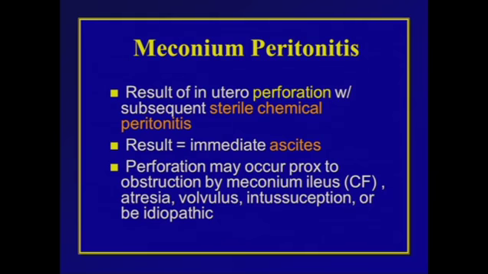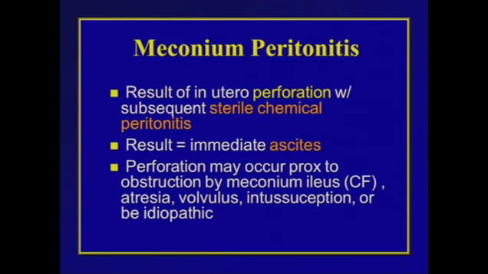Meconium peritonitis is the result of a perforation in utero. The meconium leaks out of the small bowel, and the result is a subsequent sterile chemical peritonitis because, of course, there are no bugs in a fetus. A fetus is sterile. So this is a chemical peritonitis. The immediate result is free fluid.